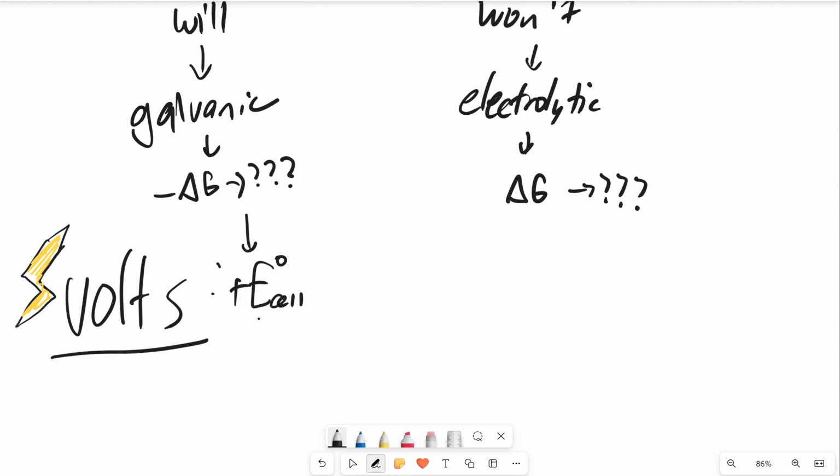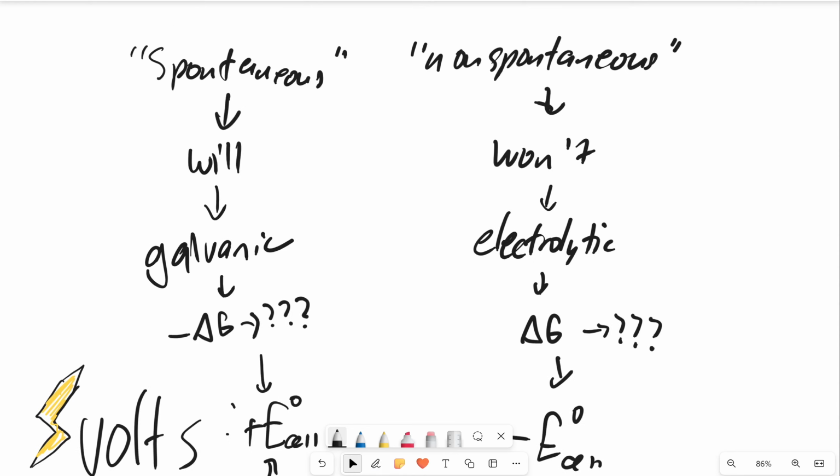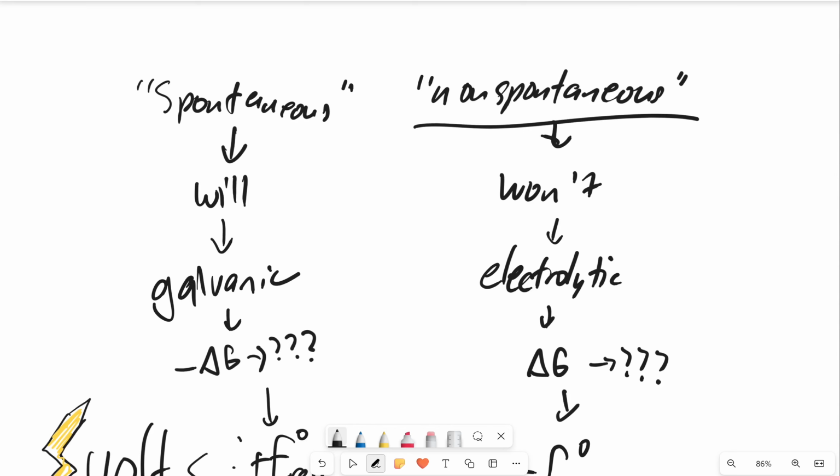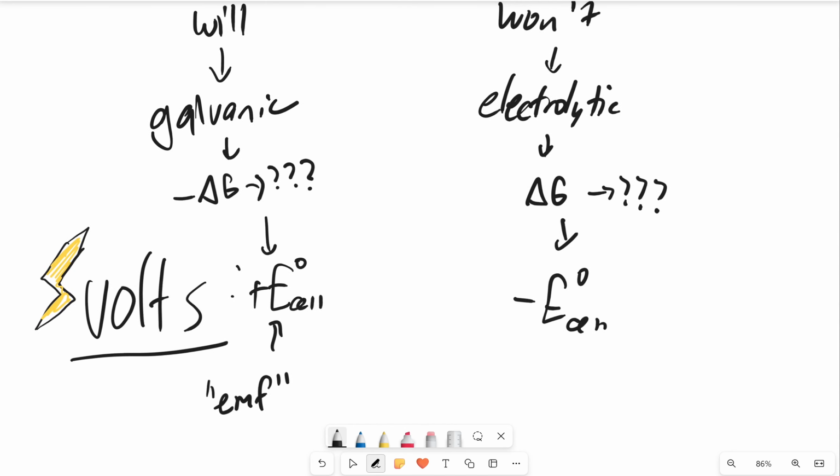This means cell potential. Positive E cell. E means EMF, or electromotive force, meaning how much our electricity goes, right? And negative E cell for our non-spontaneous.